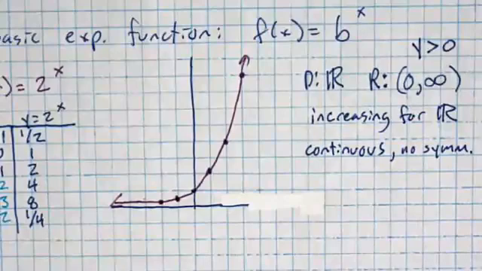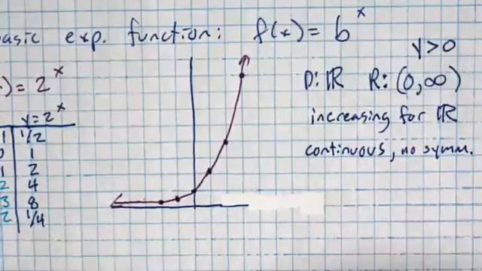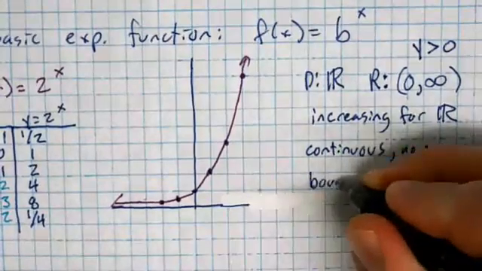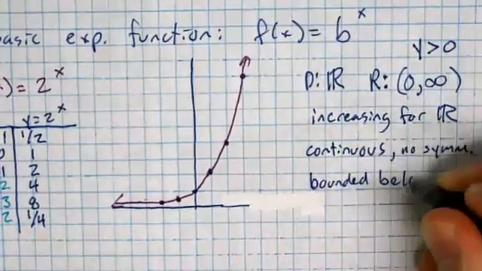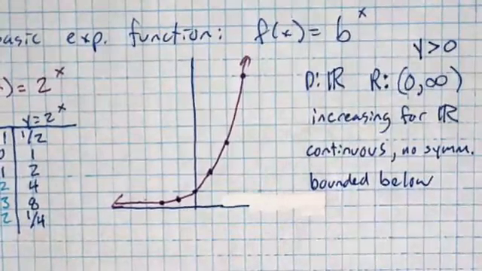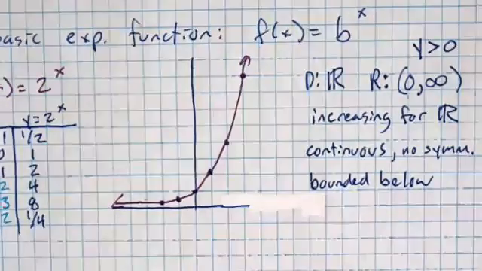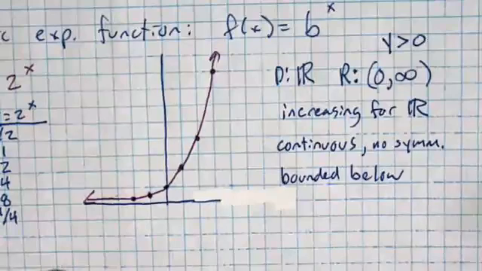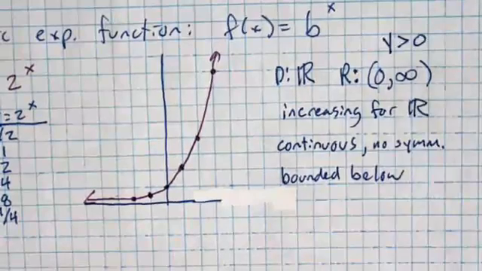We talked about boundedness. Are we bounded below, but not above? Any local minima or maxima? No, because it's increasing for its whole domain. We can't have local mins or maxes, because a min or a max means it's going to change from increasing to decreasing.